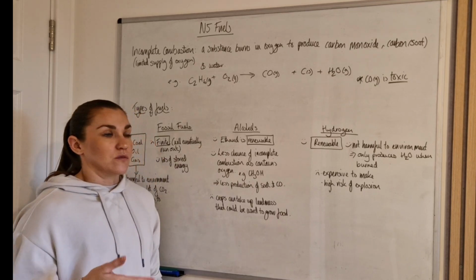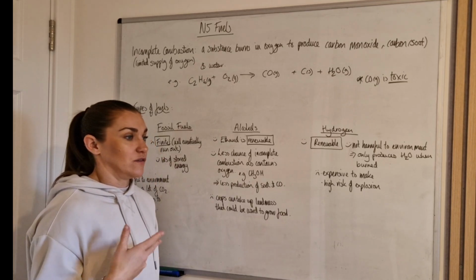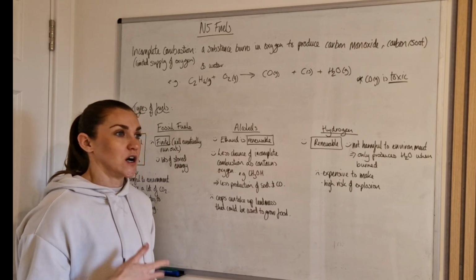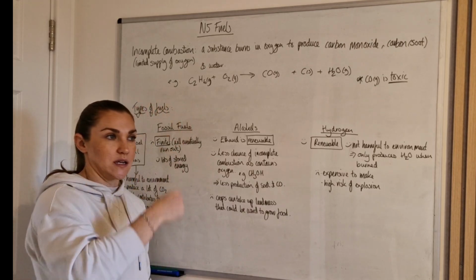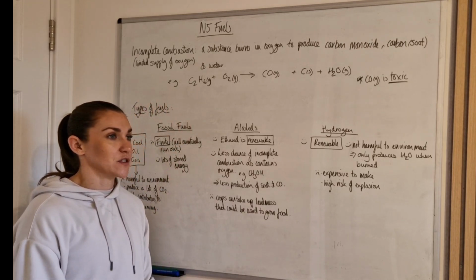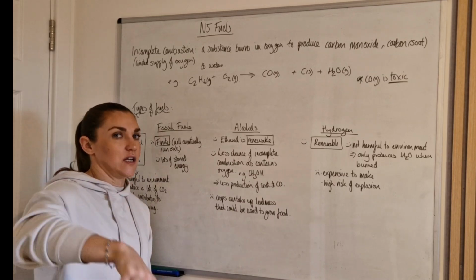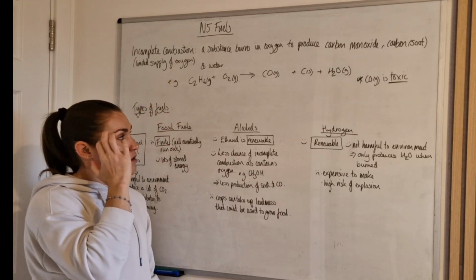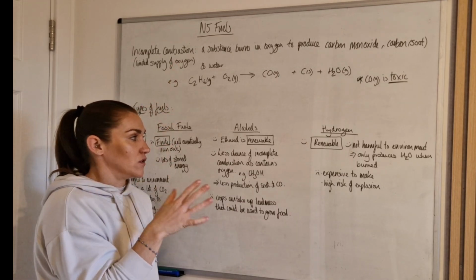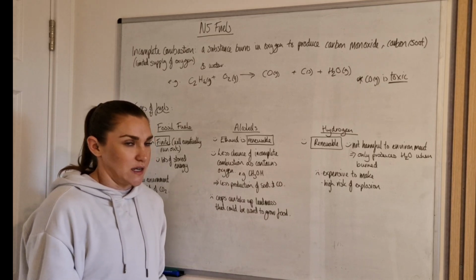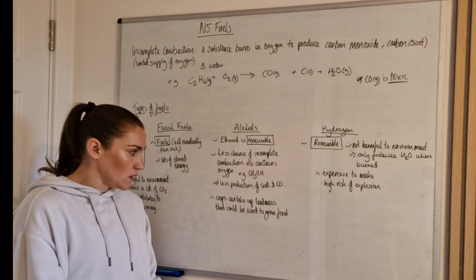Because we make ethanol from plant material, and then if we burn the plant material, it turns into carbon dioxide and water, and then plants take back in the carbon dioxide from the atmosphere, eventually it creates a renewable cycle. So the ethanol is renewable. All the other alcohols technically aren't renewable though.